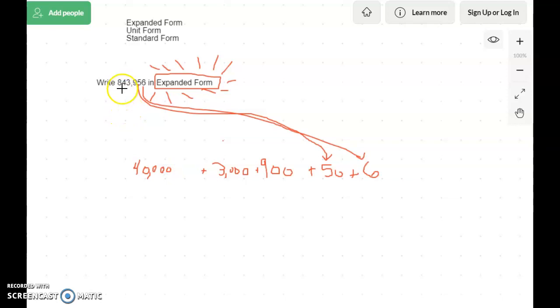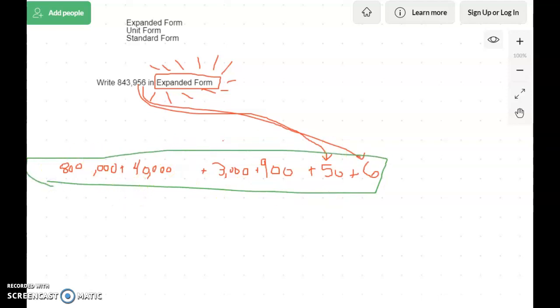And I also have 800,000. And I can even start my zeros right here, so I make sure I have enough space. That's it. That's expanded form right here.